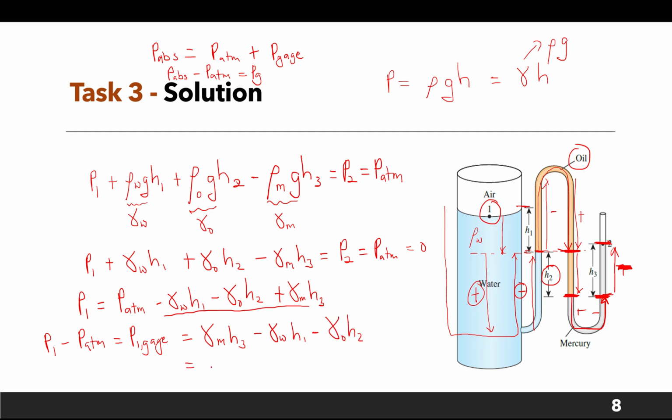So we now do the substitution. We put in all the values here and we get our solution. Are you following? You can pause and get this note done.